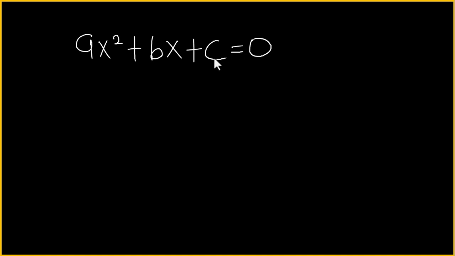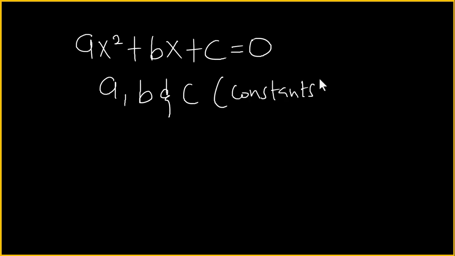Any equation of the form ax squared plus bx plus c is equal to 0, where a, b and c are constants and a is never equal to 0, is called a quadratic equation.